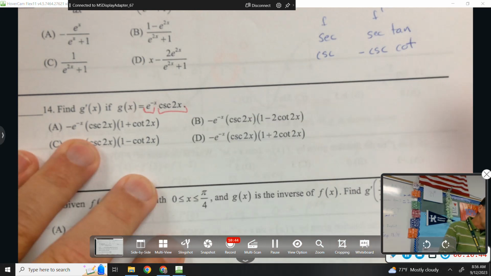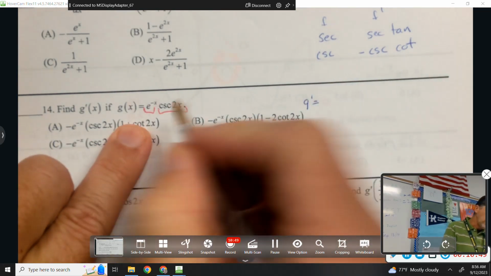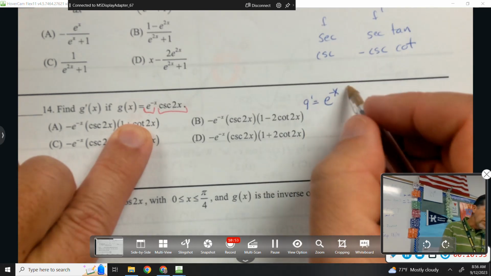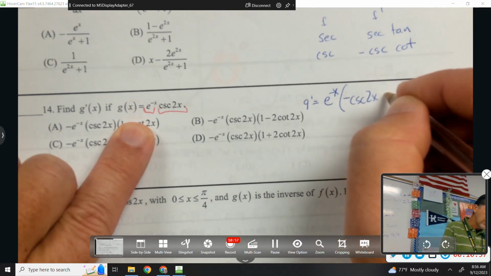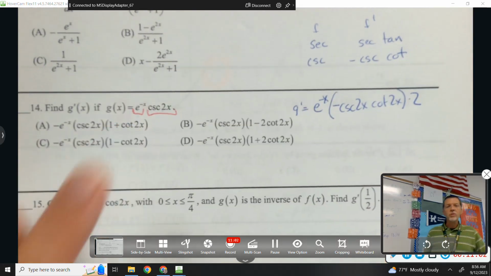Alright, product rule. So first times derivative of the second. So e to the negative x. Derivative of the second would be negative cosecant 2x cotangent 2x times 2. Get the chain rule thing on there.